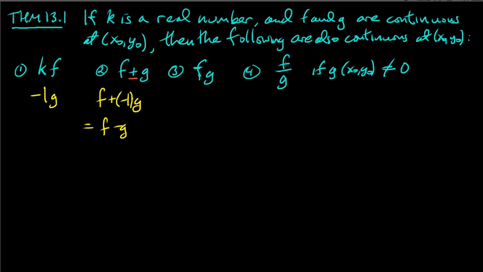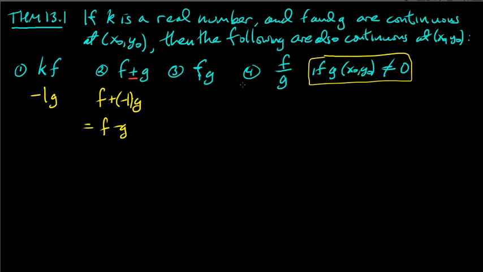And f divided by g, the quotient of two continuous functions, is also a continuous function, provided that the denominator, of course, is not 0. Because if you divide by 0, then that's not good. Then it won't be continuous. So as long as the denominator is not 0, the quotient of two continuous functions is continuous.